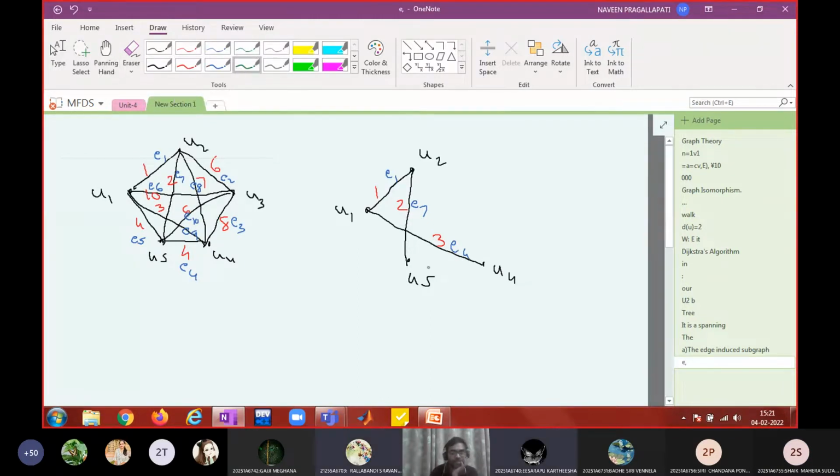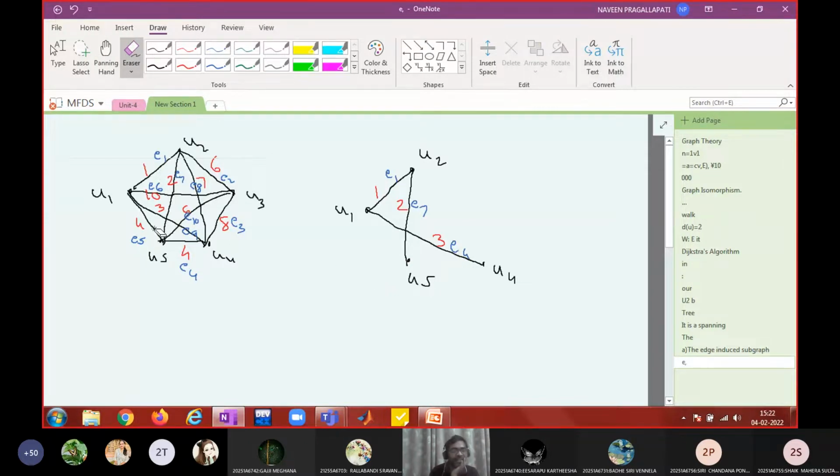It will form a cycle with U4. Where is the cycle? U5 to U4, U4 to U1, U1 to U2, U2 to U5. That becomes a cycle. So I cannot select this edge. Am I right?